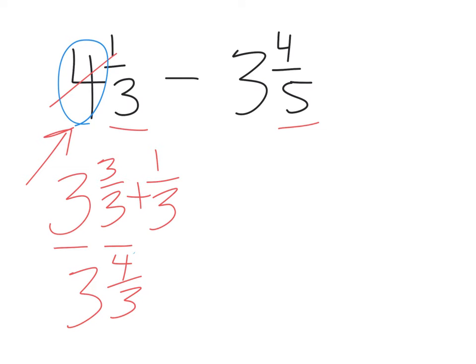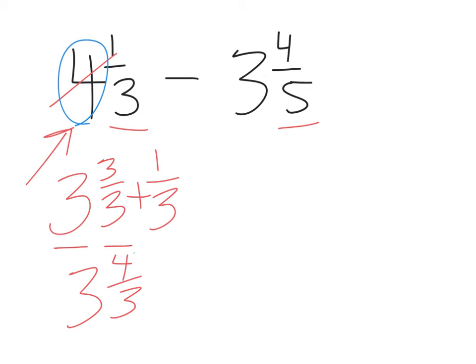And so when I've renamed it now, a lot of kids look at 3 4/3 and they're like, how is that renaming 4 1/3? Well, it should all click if you've been paying attention to the math in your classes. So think about it. 4/3 is an improper fraction. 4/3 is really 1 1/3.